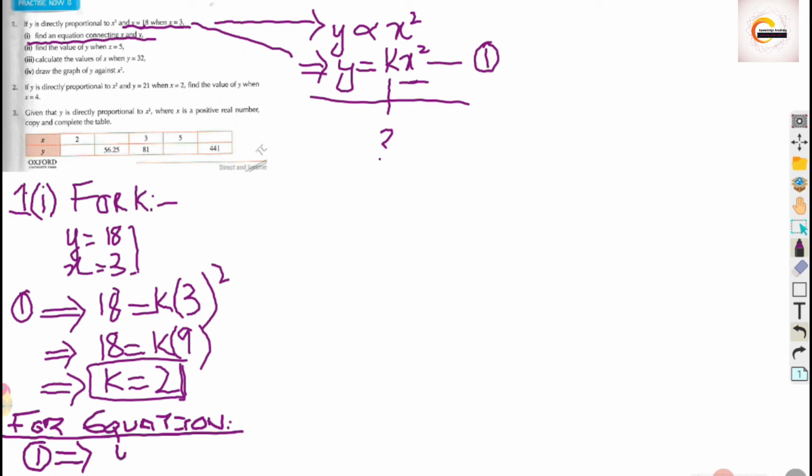So y is equal to, the value of k is 2, and it's x square. This is the equation that connects our variables x and y.